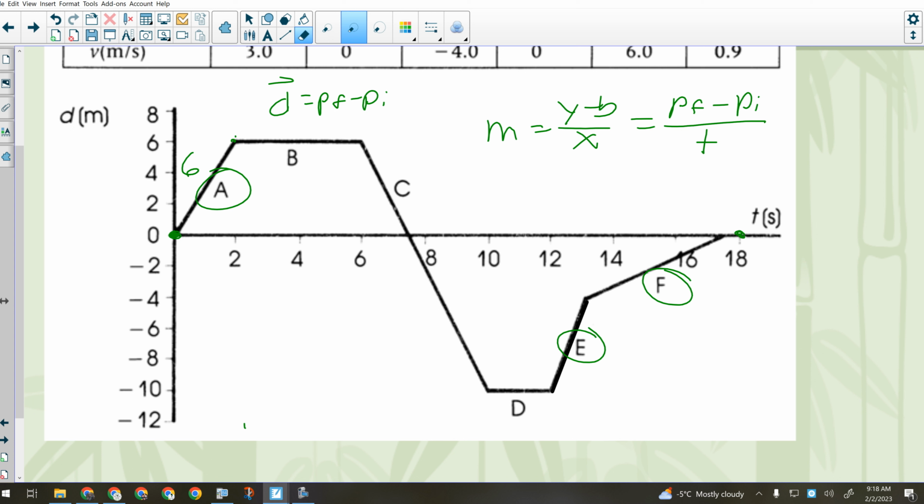How far do we go in part B? Nowhere, right? It stays at a position of 6 and it's stationary. Then we go from a position of positive 6 to negative 10. So how far do we go there? 16 meters. All right, and then we go from negative 10 back to 0 over 2 sections. I can simplify my work here by combining these two, okay?